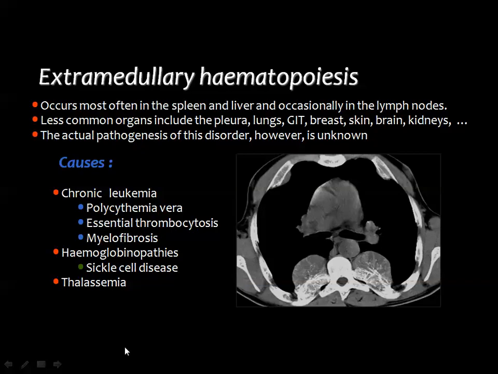The clue for the diagnosis of extramedullary hematopoiesis is the changes in the ribs and the vertebrae.